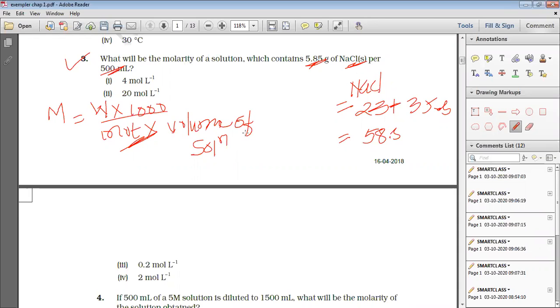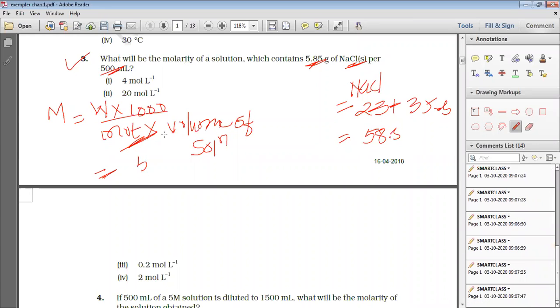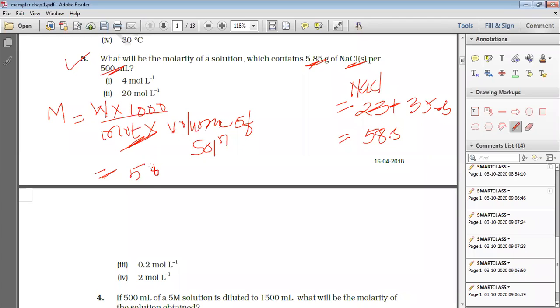So when we put all these values, what we find is that we have 5.85 multiplied by 1000 divided by 58.5 multiplied by 500.